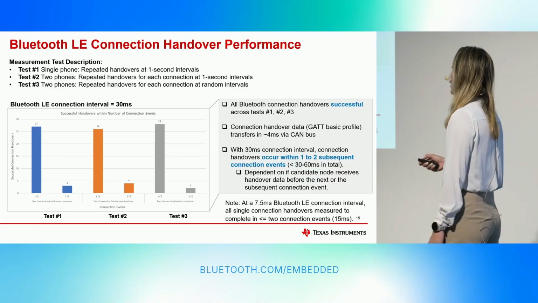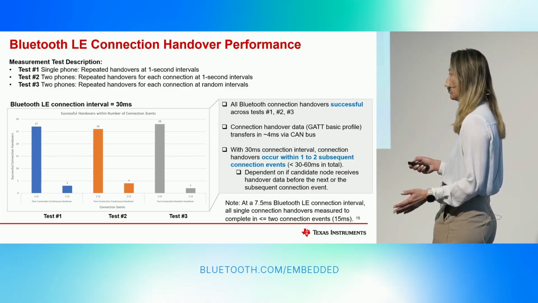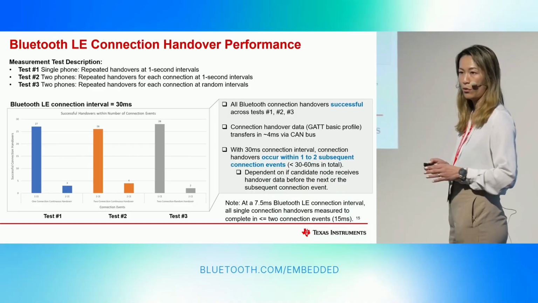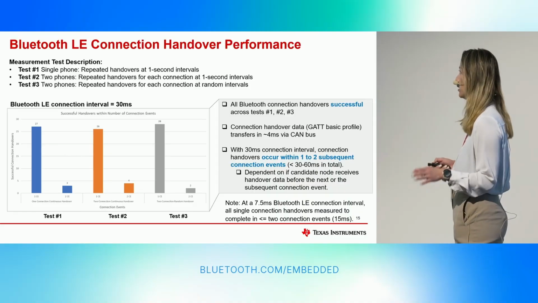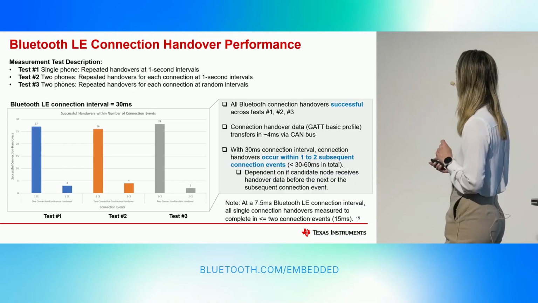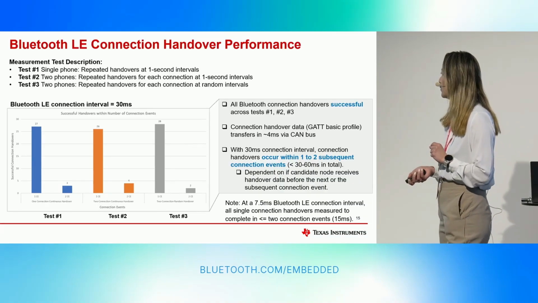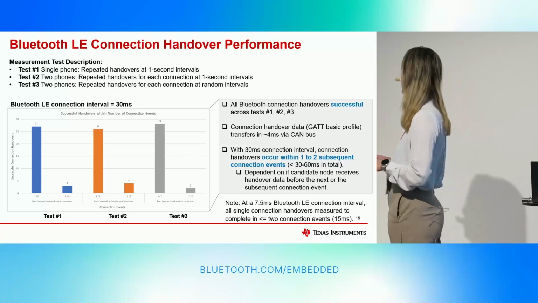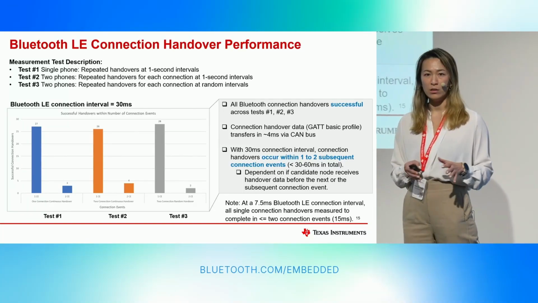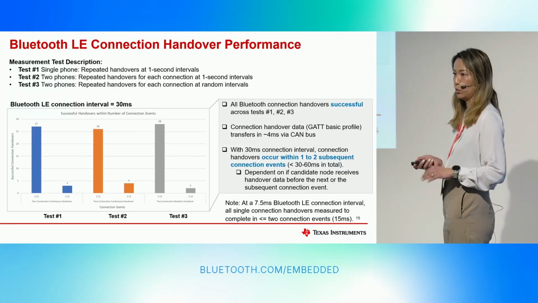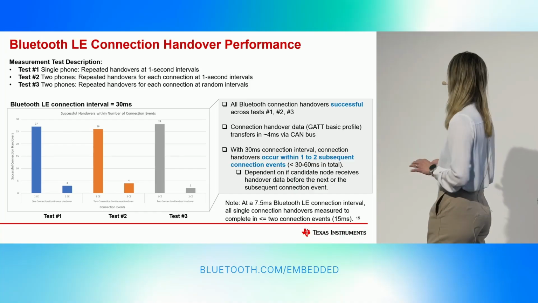Some of them take 2, but again, all of them succeed, 30 out of 30, and the majority use only 1 connection event. At the 7.5 millisecond Bluetooth Low Energy connection interval, all the single connection handovers we measured complete within 2 connection events as well, which is within 15 milliseconds.